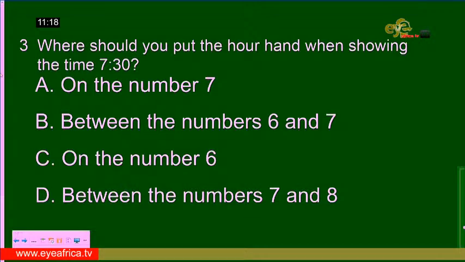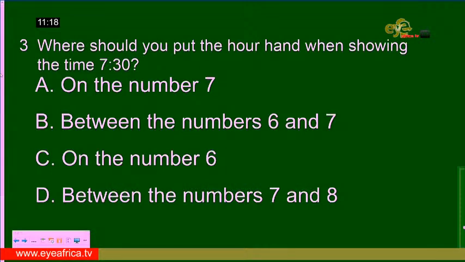A, on the number 7. B, between the numbers 6 and 7. C, on the number 6. D, between the numbers 7 and 8. The question is asking, where should you put the hour hand when the time is 7:30?